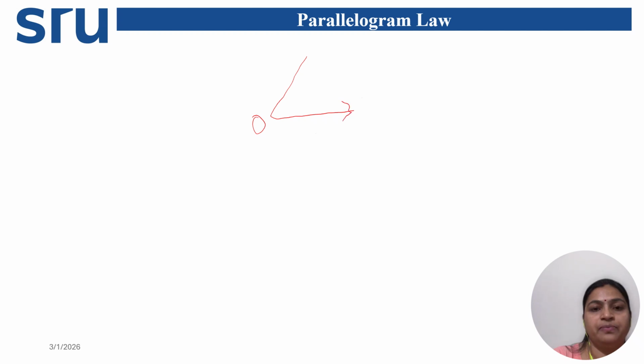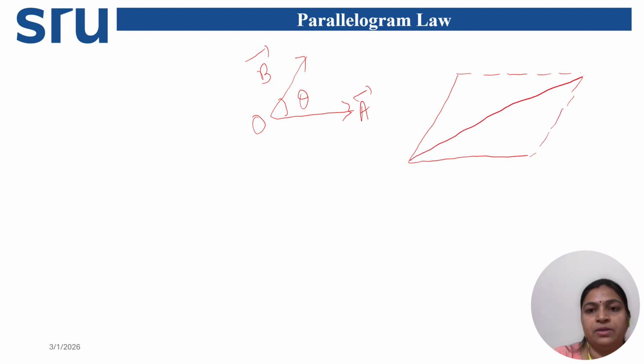This is A and this is B, and the angle between them is theta. Now if they complete a parallelogram, this will be the resultant vector. This is our B vector, this is our A vector, and this angle is theta and this angle is alpha.